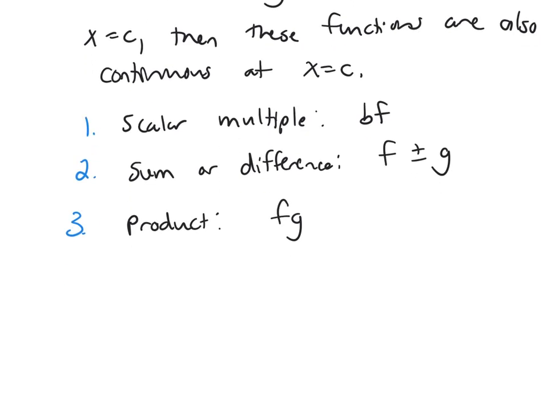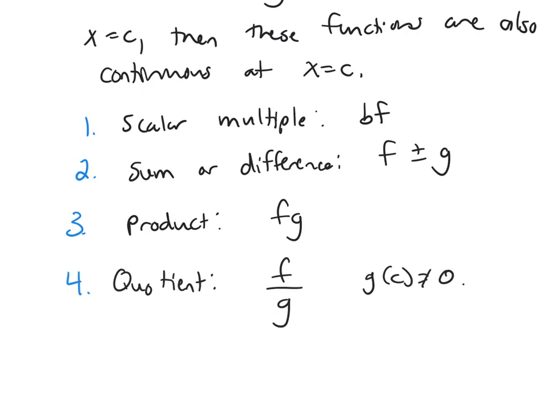And the fourth and final one is a quotient, but there is a condition on a quotient. You need to make sure that the denominator, g of c, is not 0. And this is nice because we've been looking at really simple functions, but now I can look at more complicated functions together.